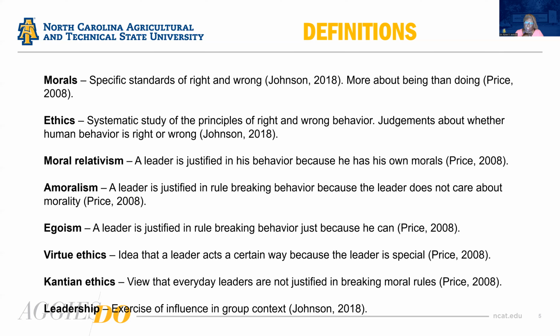So Kantian ethics gives us the ability to look at multiple sides of a situation. And even though a leader might feel justified, and might even be able to provide some supporting evidence as to what they're thinking about when they're making decisions, there are multiple sides to the story.